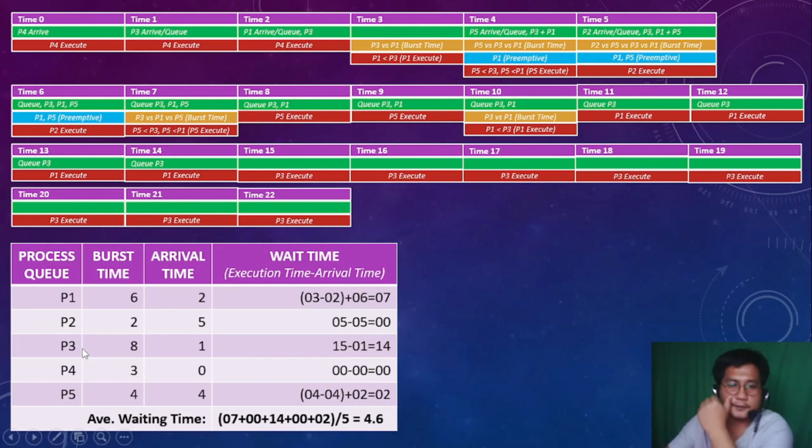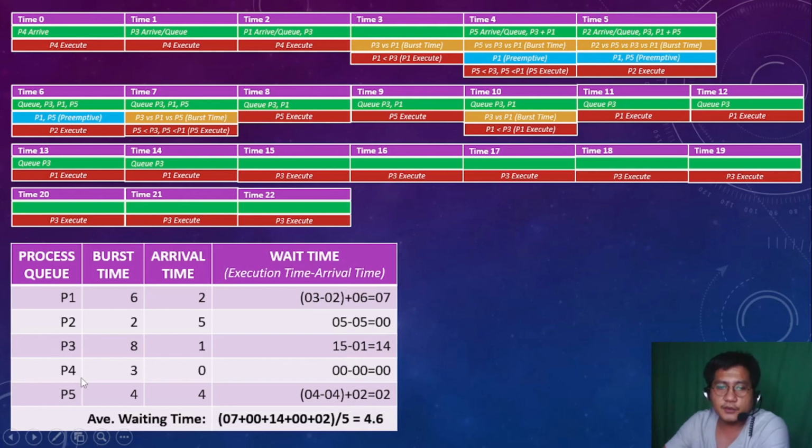Just like P3, there is no additional waiting time because process 3 has not experienced preemption since it arrives at 15. It executes at around 15 and finishes its execution at 22 without being preempted. So that is why 15 minus 1. The 1 comes from the arrival time of 1. So it only waits 14 time slices to get executed.